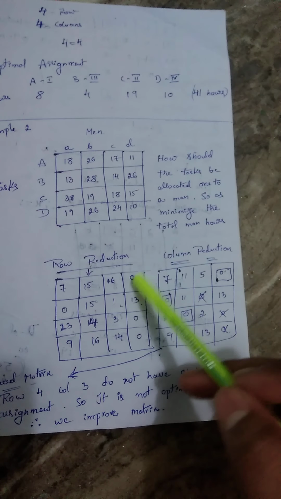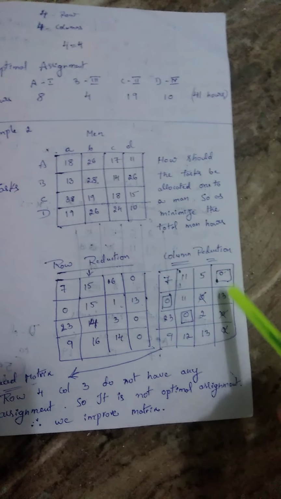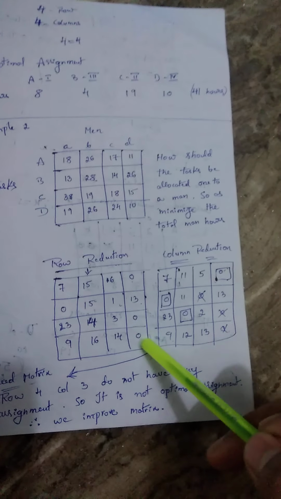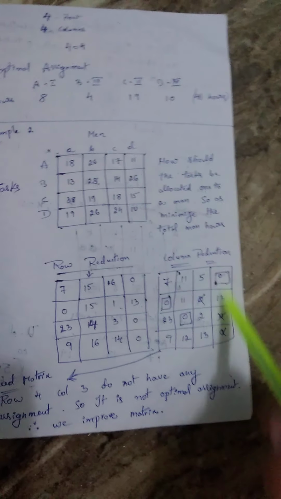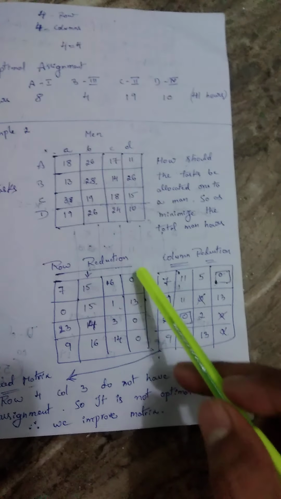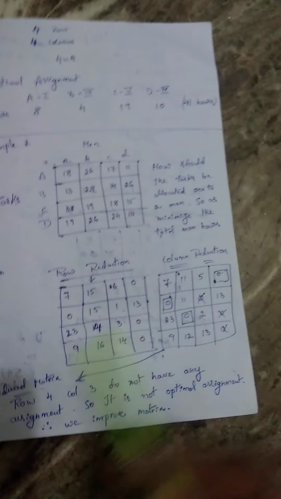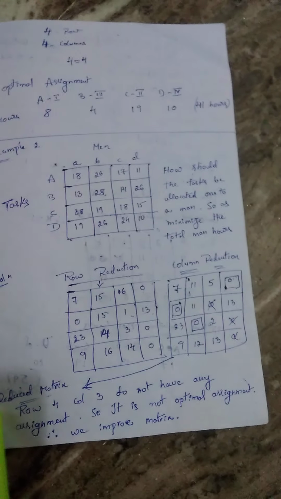They are all repeated elements because there is no smaller element. This is the column reduction.